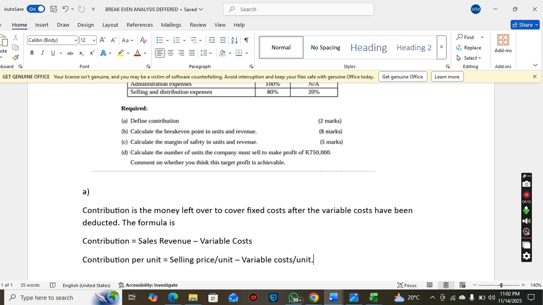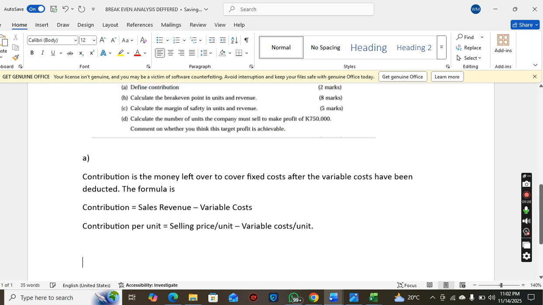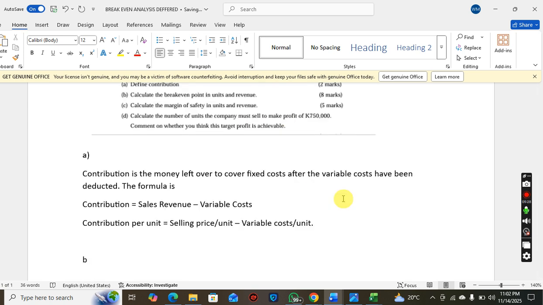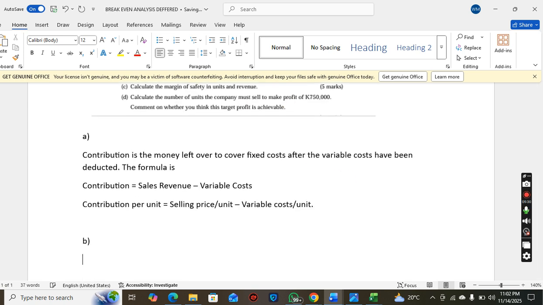No questions. All right. Next, now they want us to calculate the break-even point in units and in revenue. So remember, the break-even point in units, this is the formula.